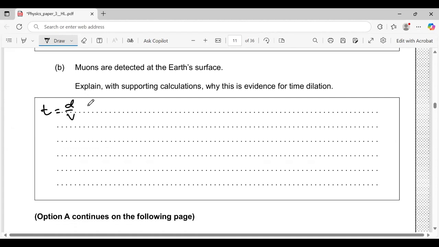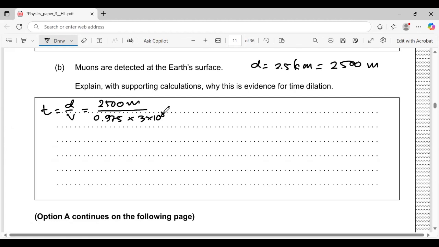The distance equals 2.5 kilometers, which I convert to 2,500 meters, over the velocity 0.975 c, where I write c as the speed of light, 3 times 10 power 8.